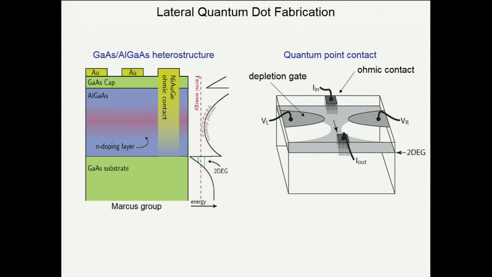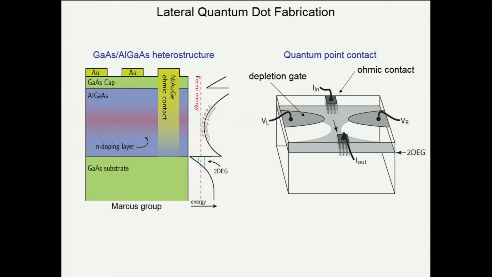What we're doing is taking this two-dimensional electron gas and making a constriction in it. That's the point contact. The connection between one side of the 2DEG and the other side of the 2DEG is this narrow channel. And the way to physically think about how these devices work is that if we apply negative voltages to the gates on top of this heterostructure, those negative voltages are going to cause the electrons in the two-dimensional electron gas to scurry away, right?